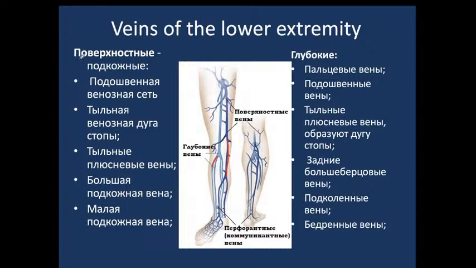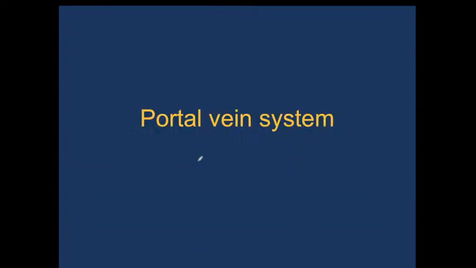But the same idea: each lower extremity has superficial and deep veins. Superficial veins are called vena saphena magna, or great, and vena saphena parva, or small saphenous vein.